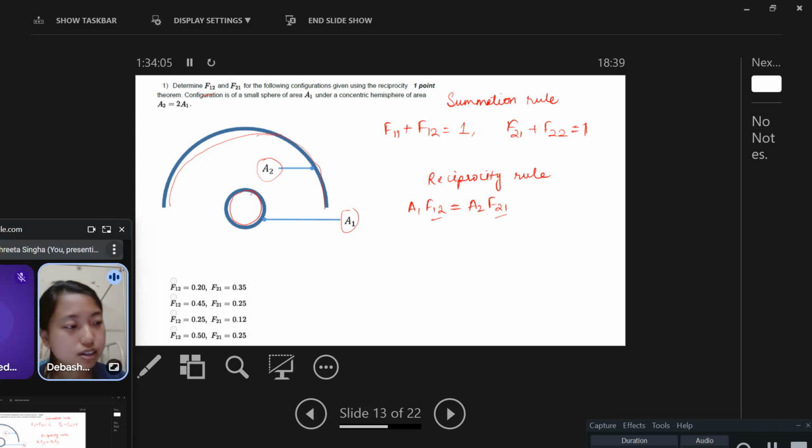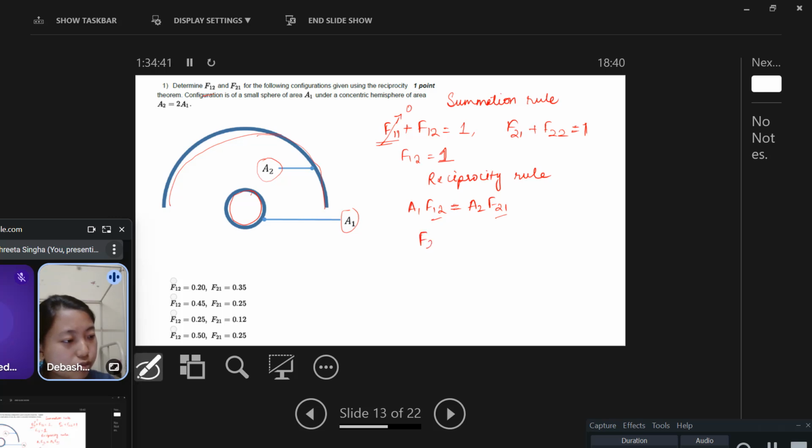Now a surface cannot see itself. That's why F11 should be 0. If this is 0, then F12 should be 1.